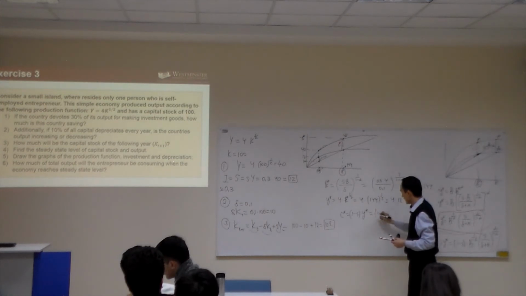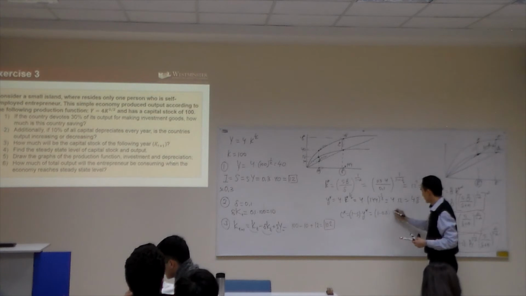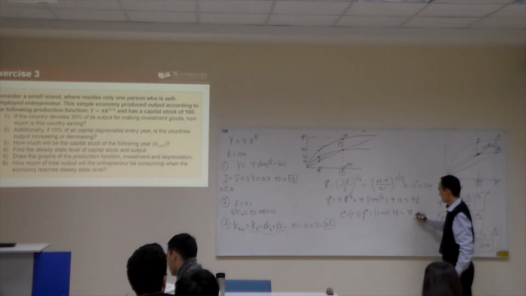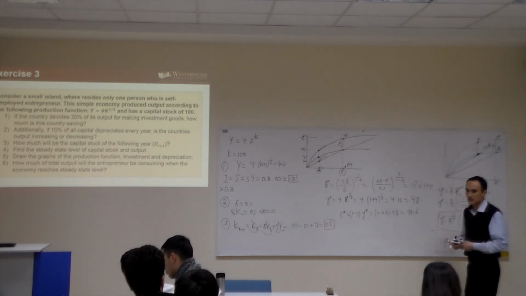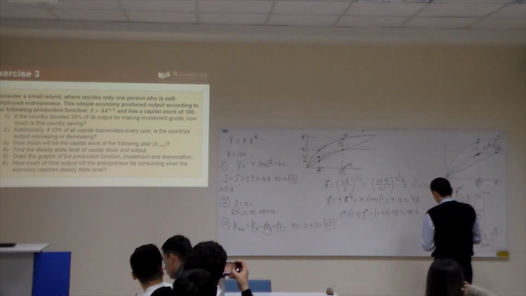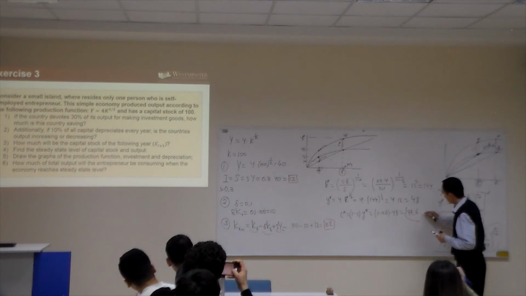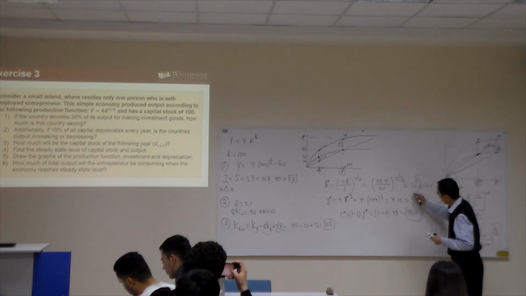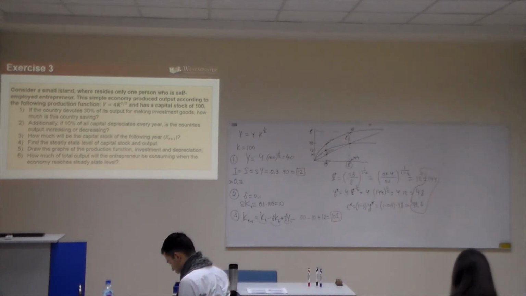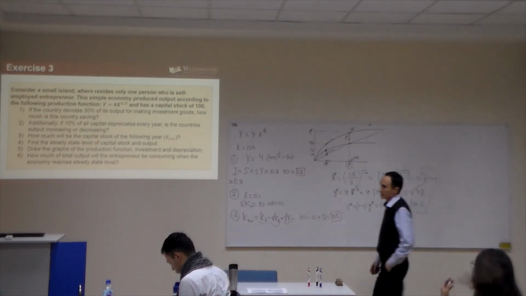So which is 1 minus 0.3, 30%, times 48, and it's equal to 33.6. Okay? So now we solved it, and we are done with exercise 3.